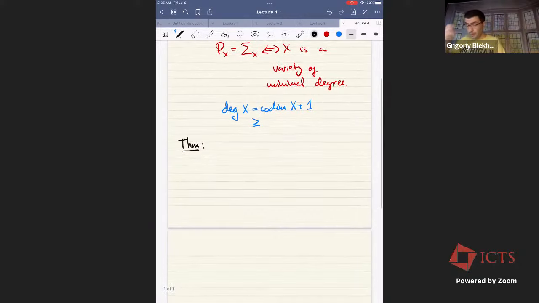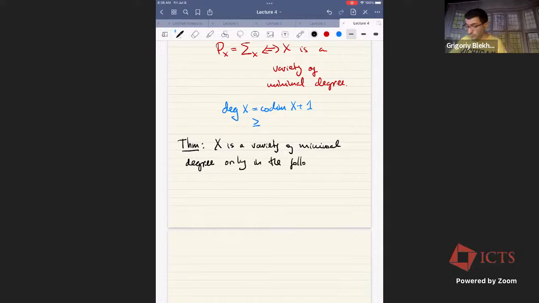So X is a variety of minimal degree only in the following cases. Case one: the case of hypersurfaces is easy.